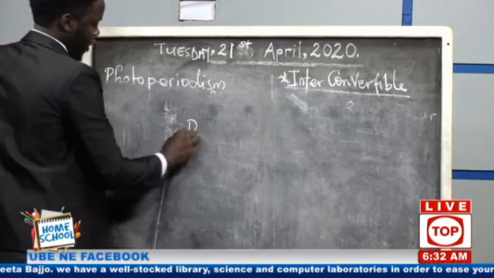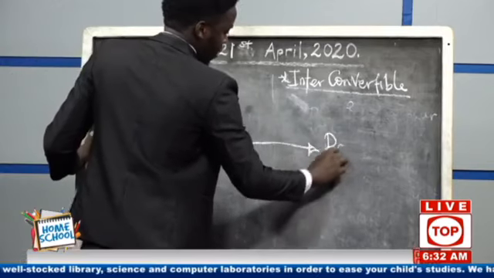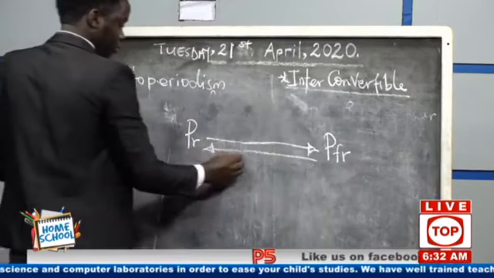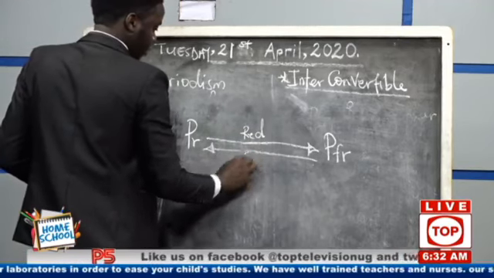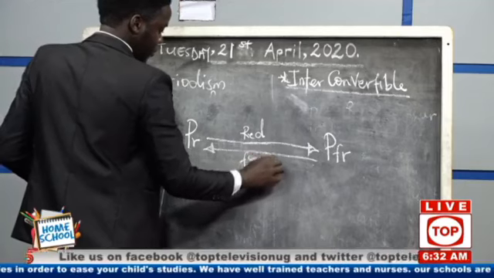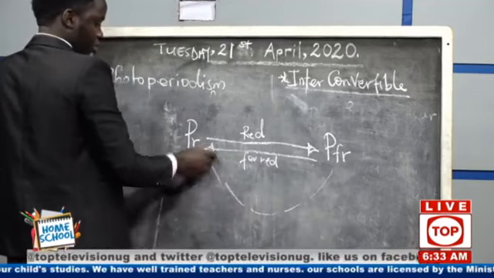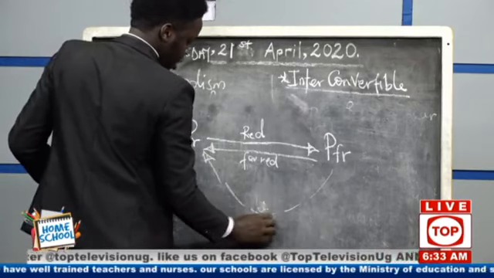So this is phytochrome red, phytochrome far red, and this is red light, this is far red light, and in the dark this one becomes this. So this is dark conversion.